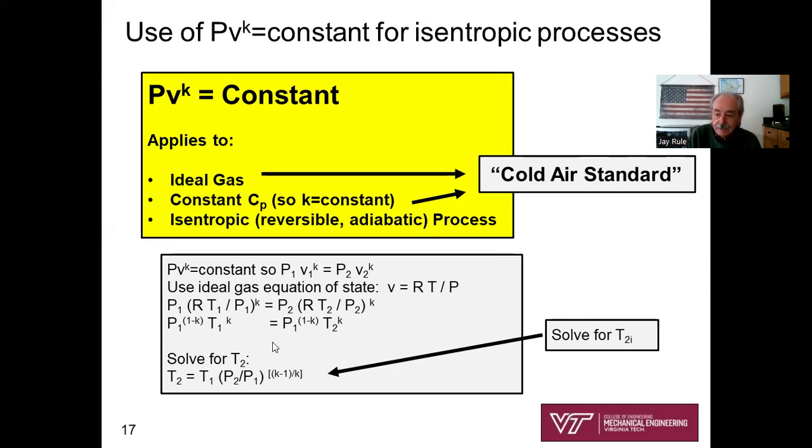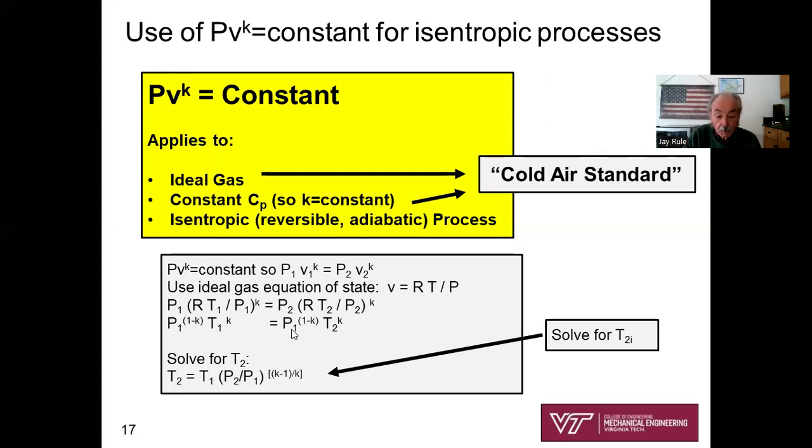The next thing I'm going to do is a little more algebra, and I'm going to simplify my equation to say P1 to the 1 minus K times T1 to the K equals, it looks like I have a typo, that should be P2 to the 1 minus K, T2 to the K. I'm going to have to correct that.